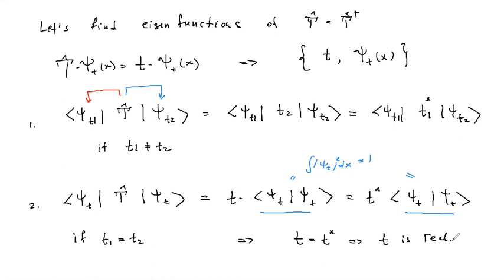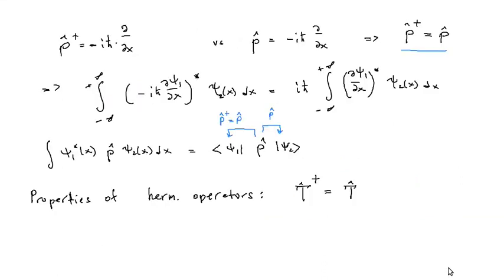Let's think about it. If you have a Hermitian operator and you solve for eigenvalues and eigenfunctions, each eigenvalue must be a real number. You cannot get a complex number as an eigenvalue for a Hermitian operator. And this is nice, yes?